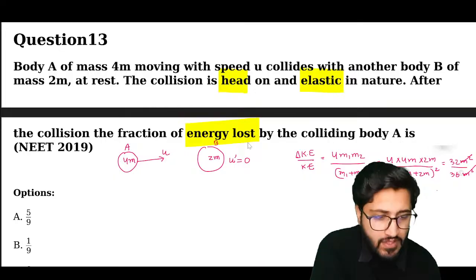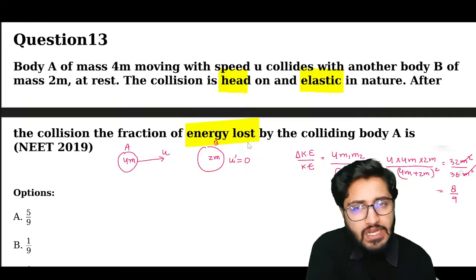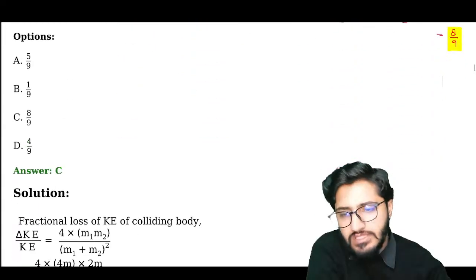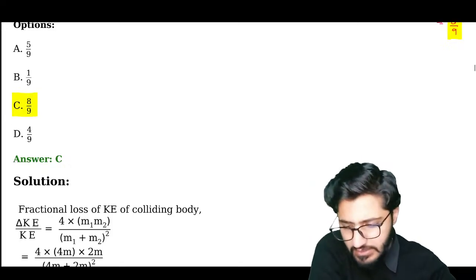It is 32 by 36, which is 8 by 9. Option C is correct. Done.